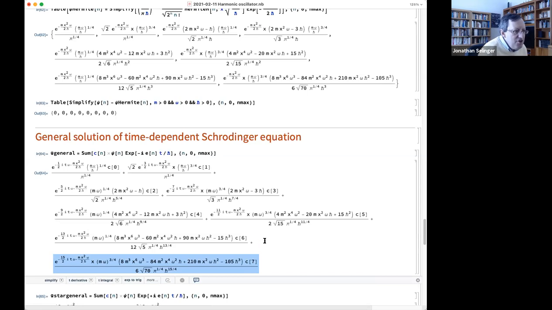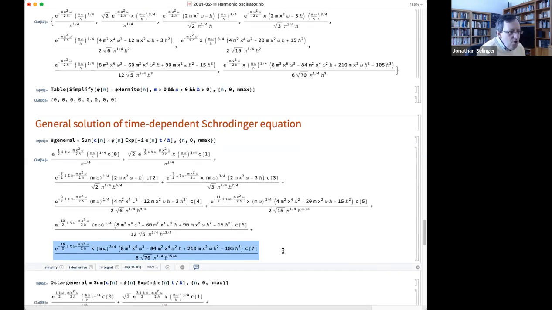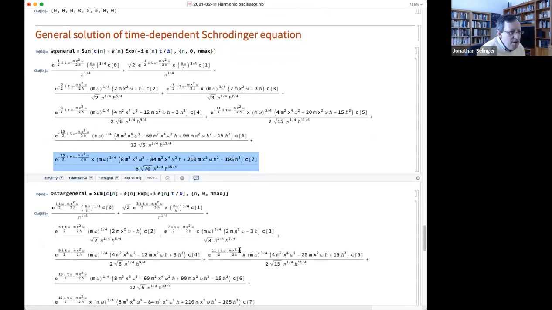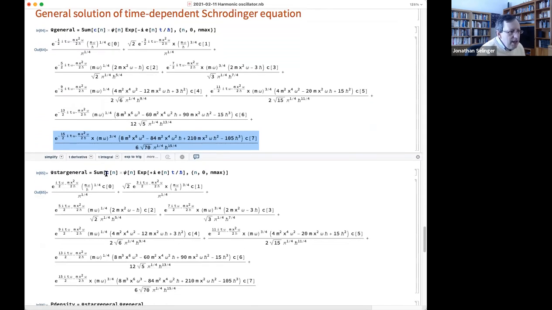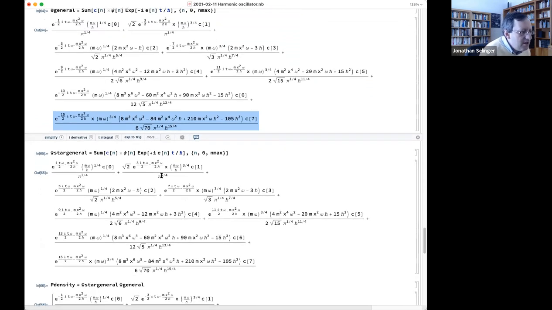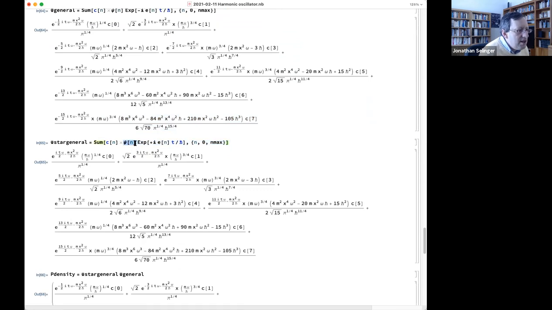Okay. And then I need to know what is psi star, the complex conjugate, right? Well, so here it's the sum of Cn times psi n times this exponential now with a plus i instead of a minus i.